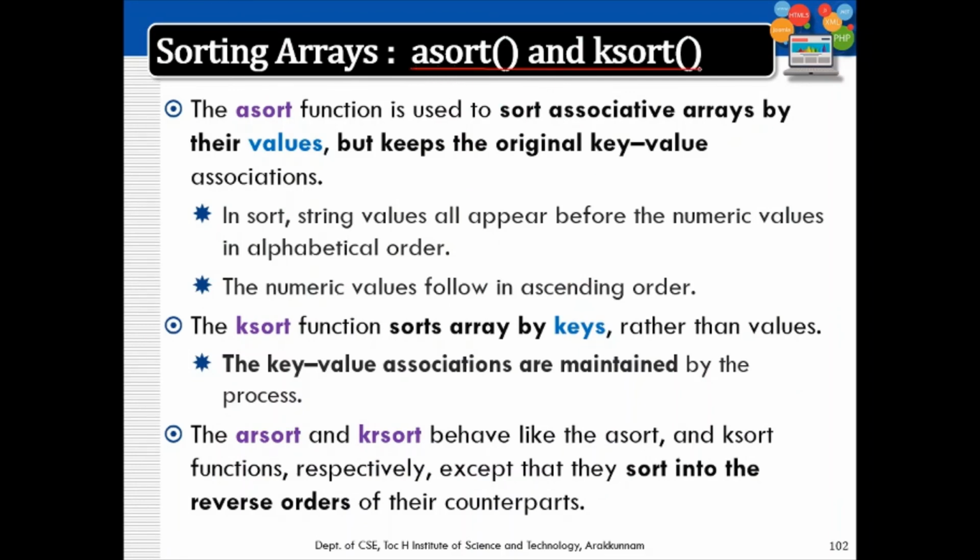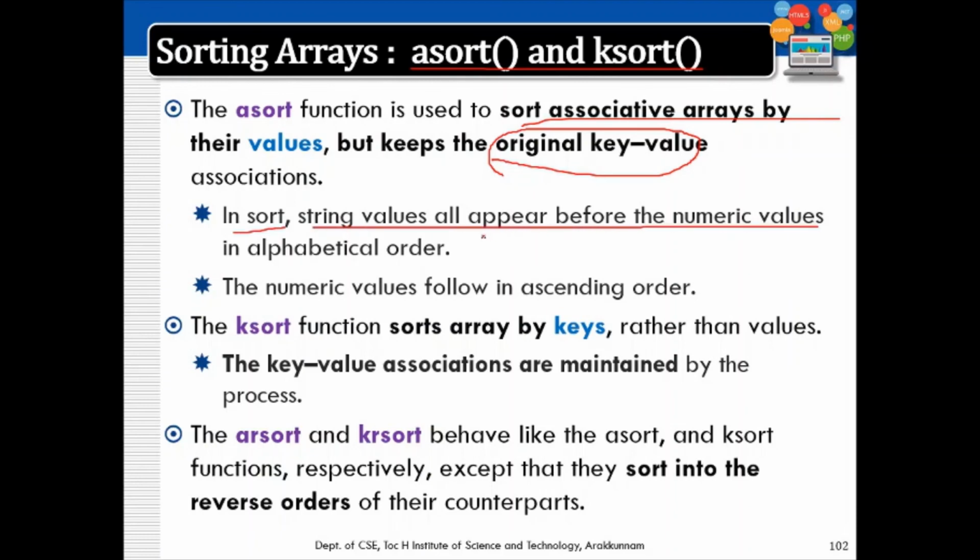Next one is asort and ksort. Asort is generally used to sort associative arrays, but the difference between sort and asort is that it keeps the original key value associations. It will not replace the keys with 0, 1, 2, 3, etc. It will keep the given key value associations. And remember that in sorting, string values will appear before numerical values.